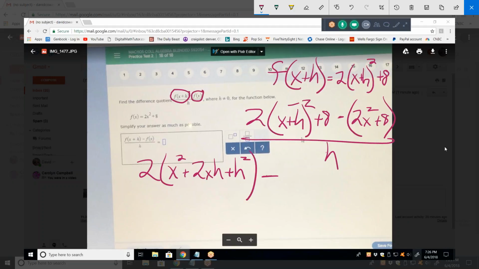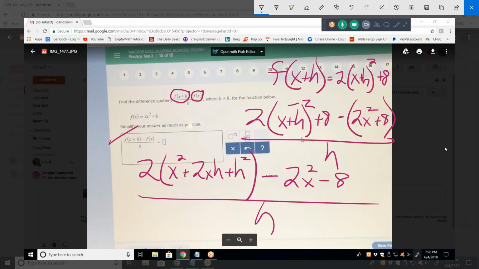Now I'm going to get rid of the parentheses on the right, making that a negative 8. Still all over h. And every time you do a difference quotient in calculus, what ends up happening is that anything in the numerator that doesn't have an h in it goes away. Notice that that 2x squared cancels out with that 2x squared.